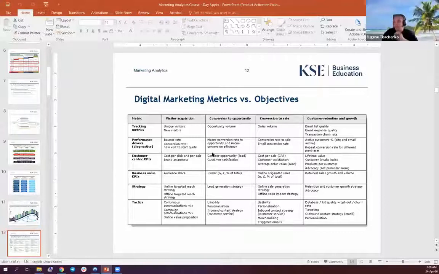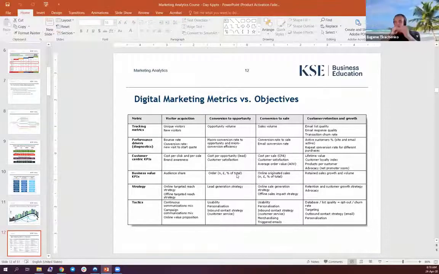But then when we're talking about other stages, and again, I won't go too deep into those, just to give you guys a sense of an example and a touch. Conversion to opportunity, we are talking about a lead generation strategy. So our business value would be number of orders. So we're getting the share of the audience who is hearing us, or at least giving us their attention, for example, 10%.